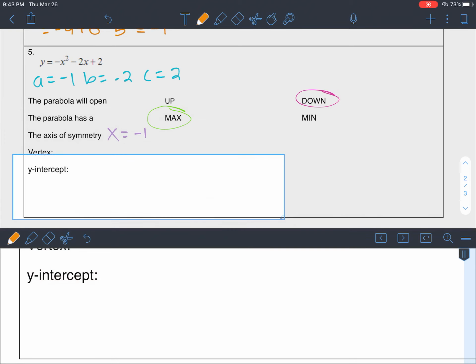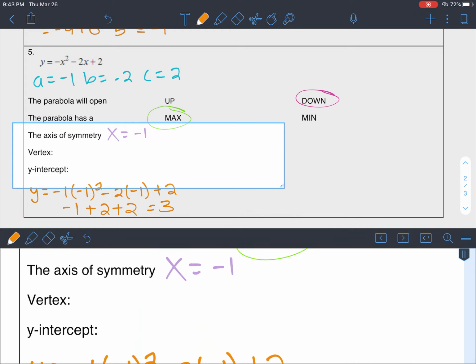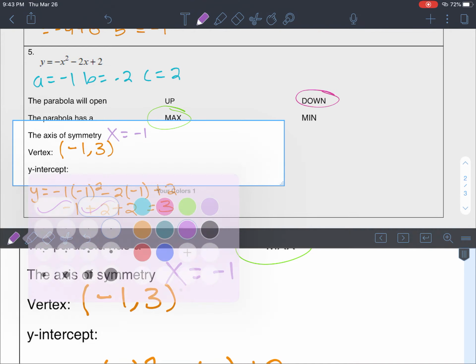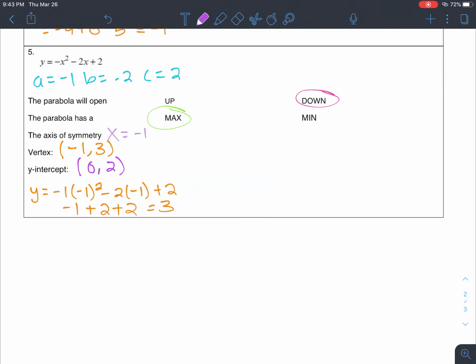Y-intercept, let's pick a new color. This is negative 1 plus 2 plus 2, which equals 3. So negative 1, 3. And the last section we need to know, 0, 2.